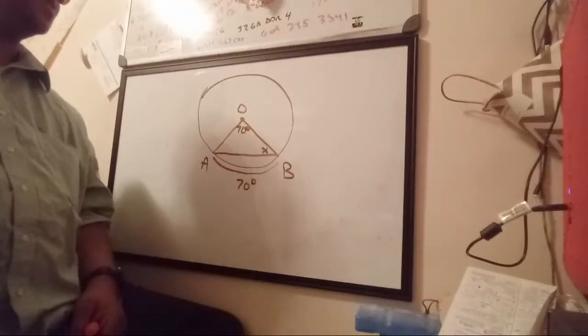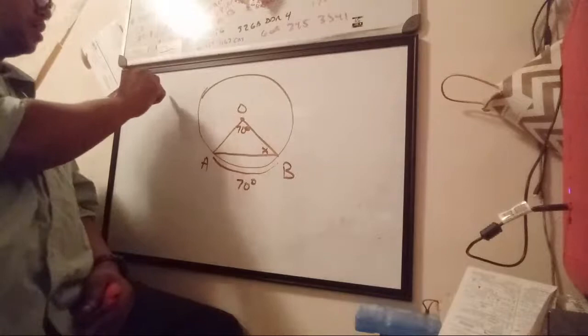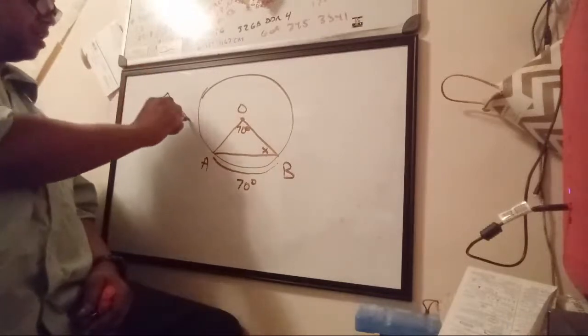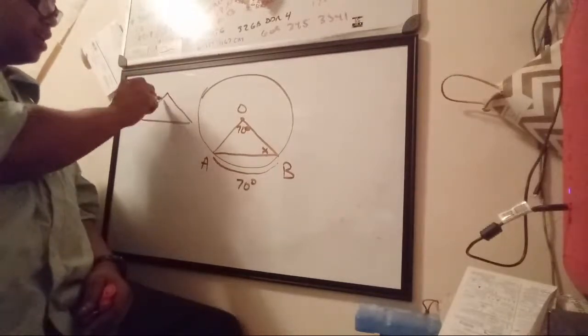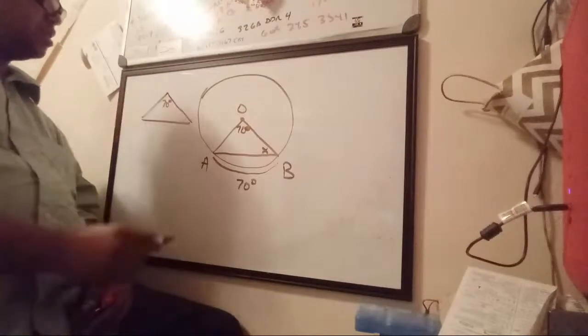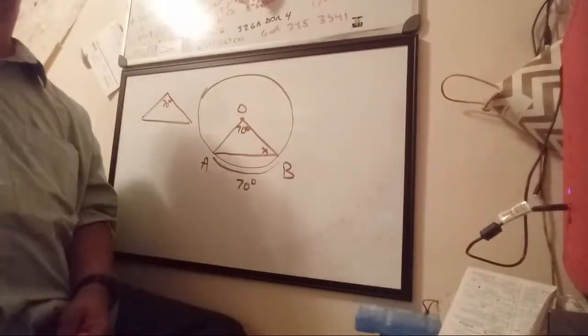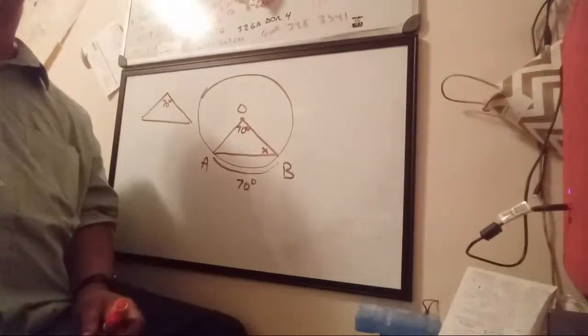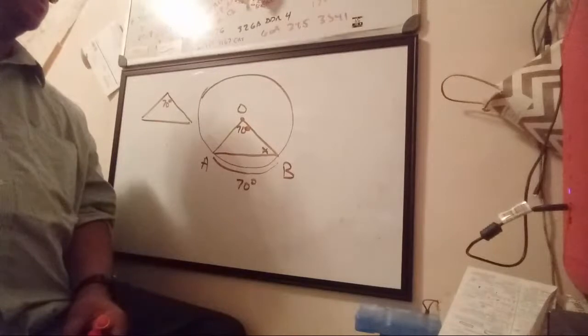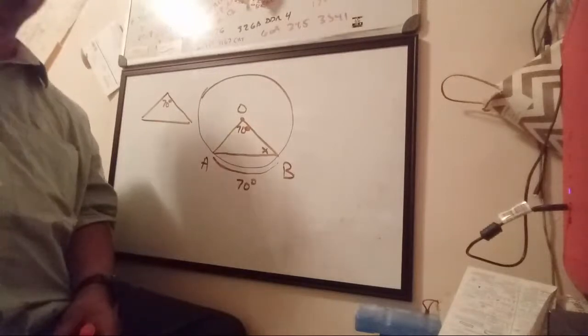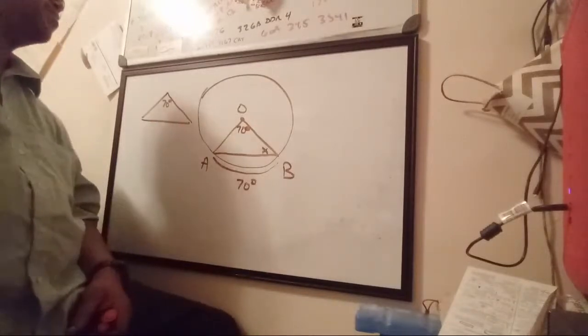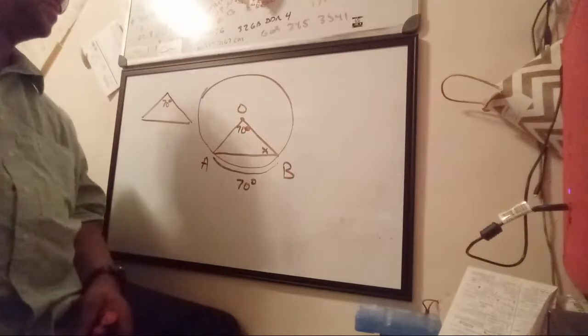If we used up 70 degrees, how many degrees are left for this to be a true triangle? How many degrees are in a triangle, dear? The total degrees of the triangle is 180.